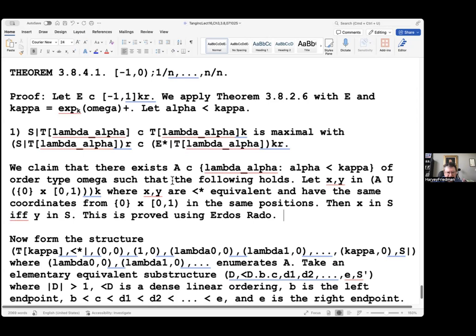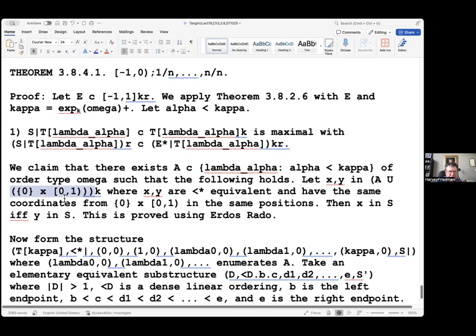Now we claim that there's an A. So we have these lambda alphas where alpha is less than kappa. We can find an A of order type omega such that the following holds: if X and Y are in A union this stuff in here, with indiscernibles with only these parameters.